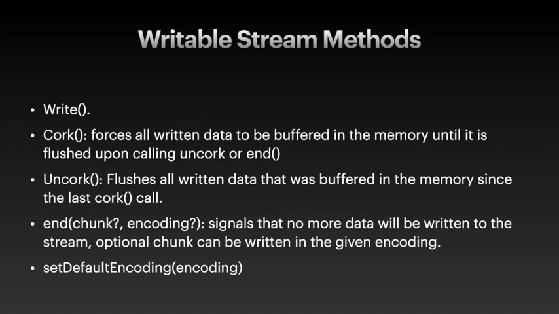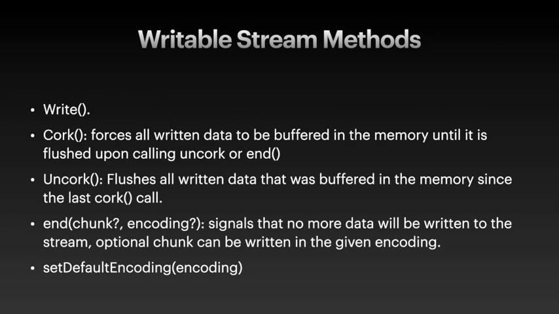And then we have end, we've used it before, and end has two optional arguments, the same as write. I just realized I didn't write them in write. Obviously you can just call end, and you're just signaling that no more data will be written to the stream. It will be quote unquote illegal to write to that stream again.